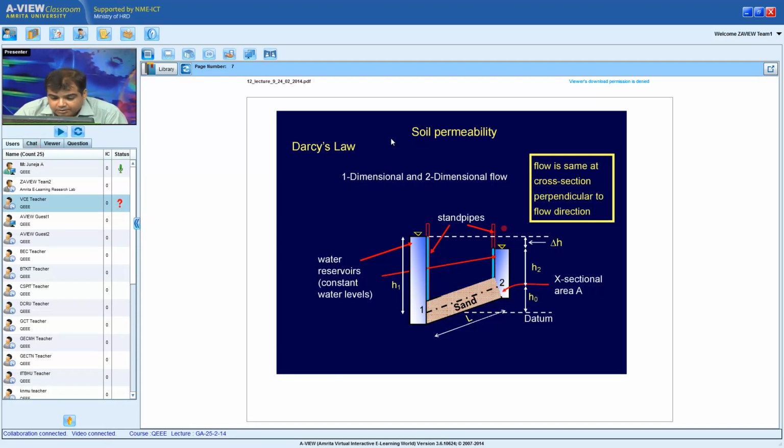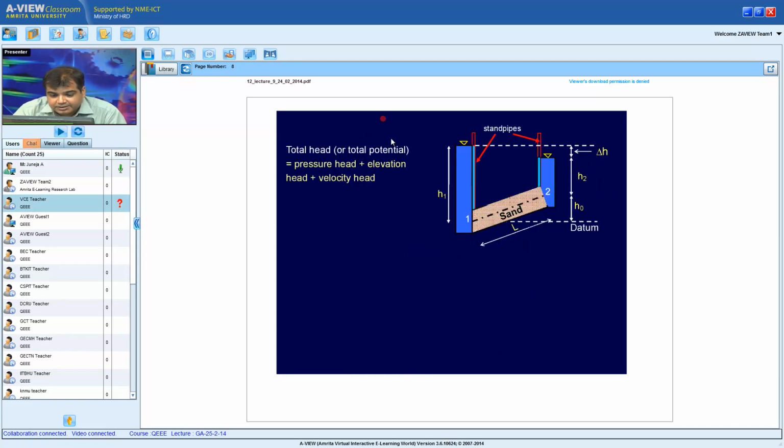Now, having done this, Darcy did experiments which were based on both one-dimensional flow as well as two-dimensional flow. In this section, we will only concentrate on one-dimensional flow. So in Darcy's experiment, if you look at the same figure, what is the total head?